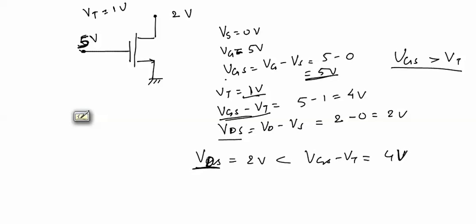As we know that VDS is less than VGS minus VT, this MOSFET will operate in linear region.